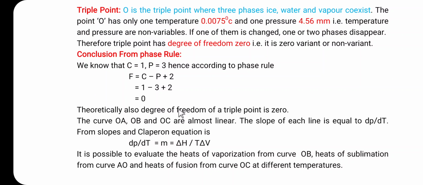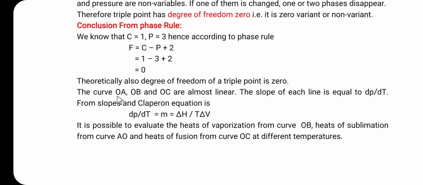So this is about the phase diagram, and in the phase diagram we have discussed the curves, areas and the triple point for the water system. Then the curves OA, OB and OC are almost linear in the diagram.